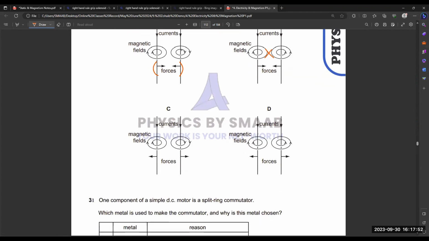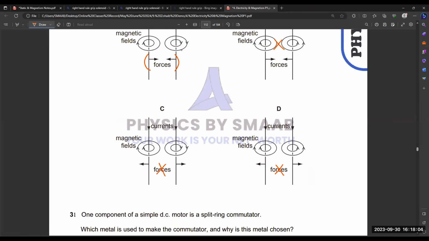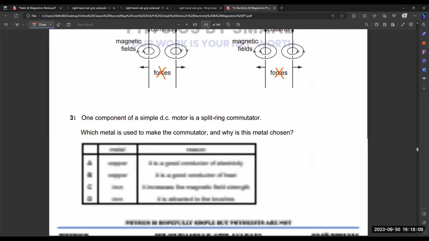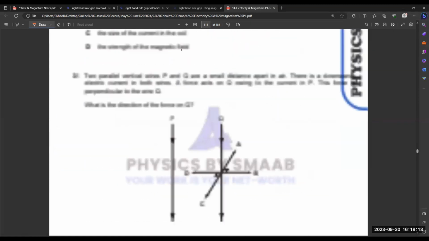And if you look at C and D also, the forces are wrong, correct. And in D again the forces are wrong. Very good. So that will give you the concept of two wires, because there are multiple questions on the same concept.